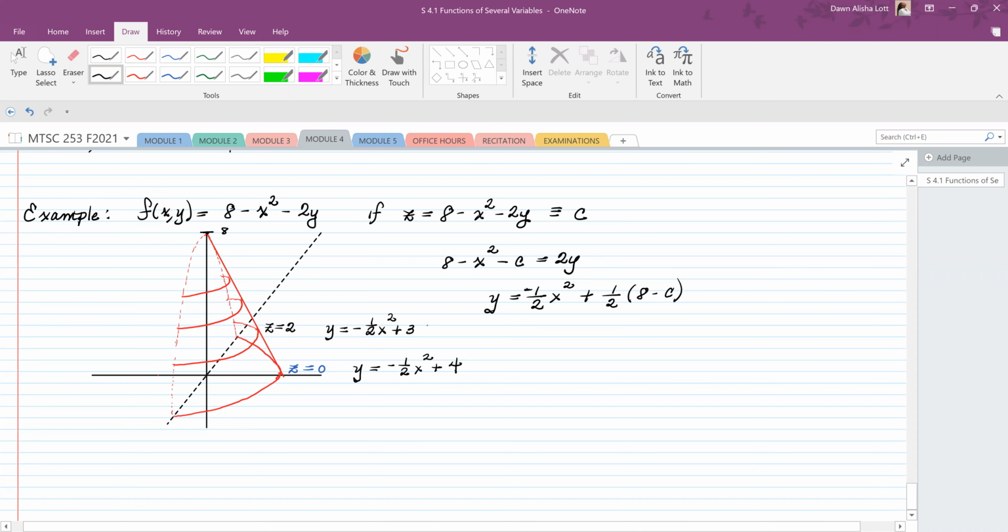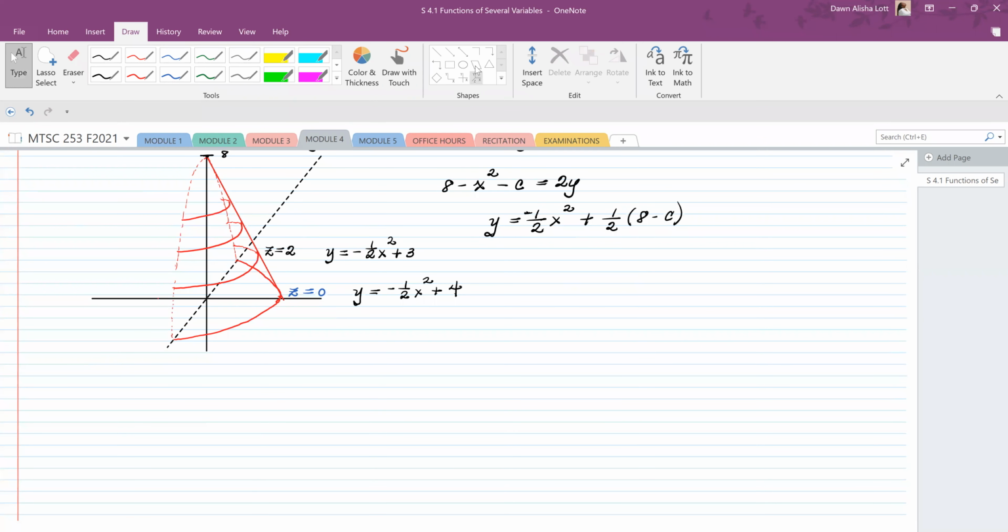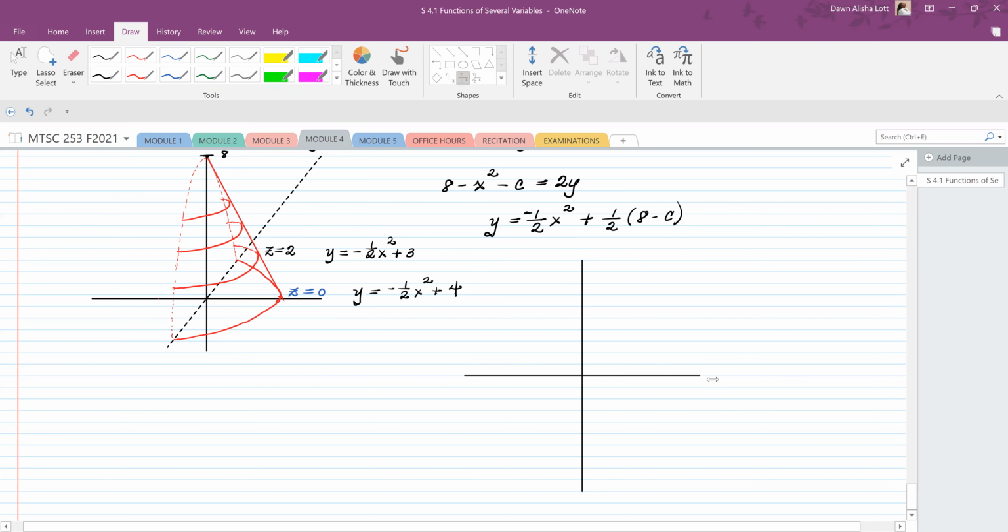And so if I were to draw them in the xy plane, that's y and this is x, I would get the first parabola.